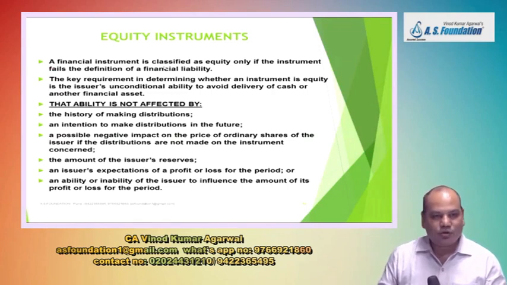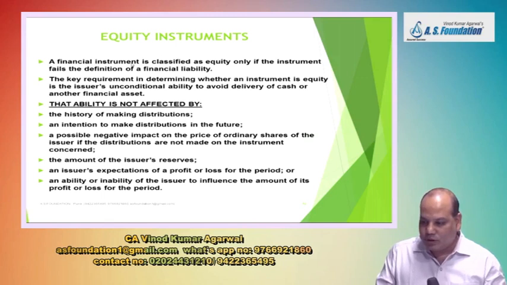So we have discussed financial asset and financial liability. Now some discussion on equity, and then a few questions on that also. Equity instrument: a financial instrument is classified as an equity instrument only if the instrument fails the definition of a financial liability.